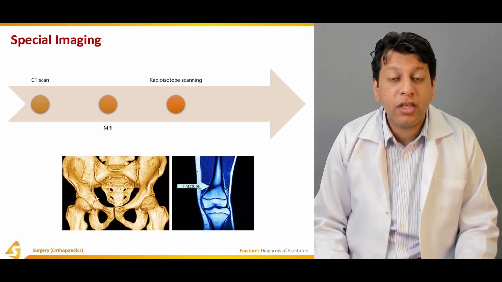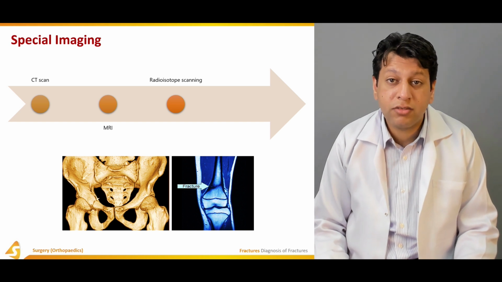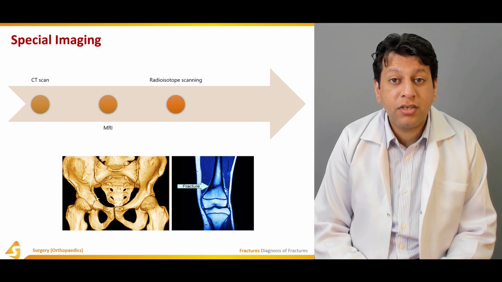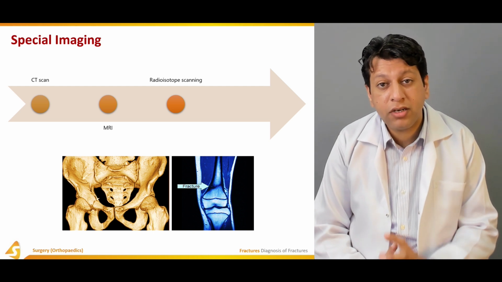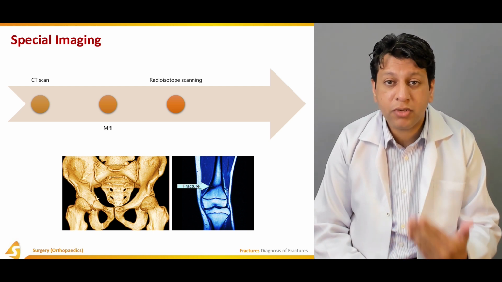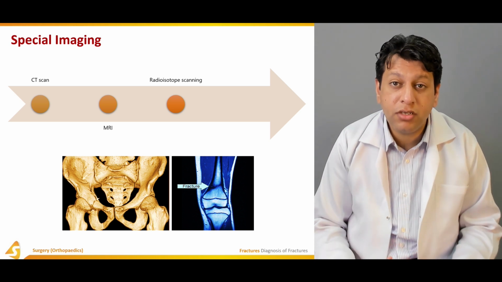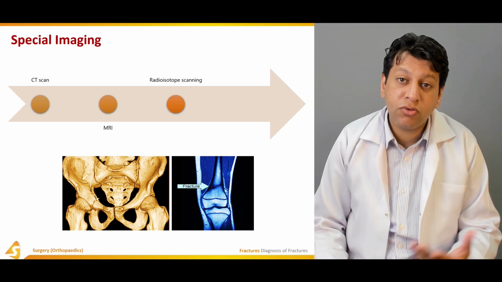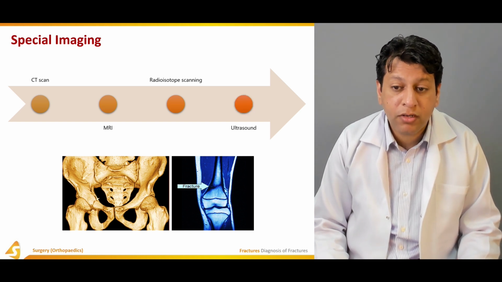We may require radioisotope scanning, the bone scans, to assess whether the lesion is hot or cold, and if it is present, whether there are any other multiple lesions present in the body or not. Multiple lesions could be the case in multiple myeloma.